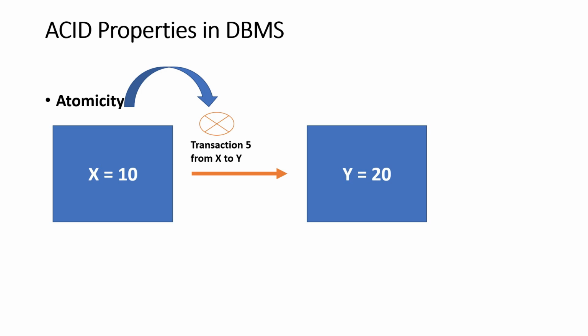So now it aborts the whole transaction and adds the 5 rupees back to account X. Basically this is due to the failure of the second transaction. So X was updated but Y not yet updated due to the failed transaction.